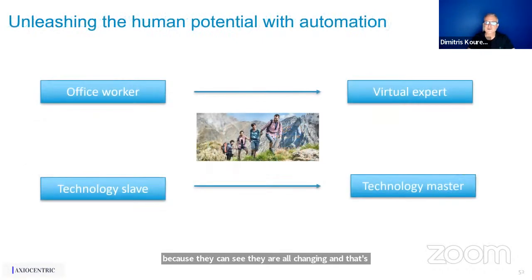So you need to make sure as a leader to understand that the office worker will become more and more in the near future a virtual expert, a data scientist that helps technology to become better rather than just doing something simple manually and, I don't know, copying something from A to B. So technology will do that more and more.